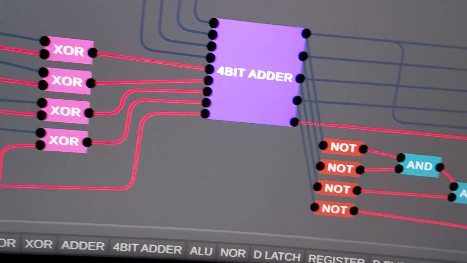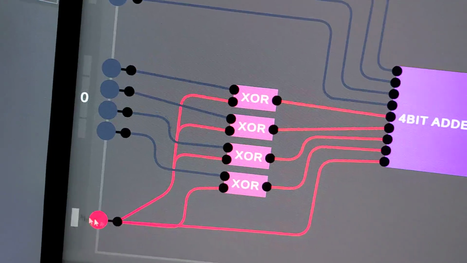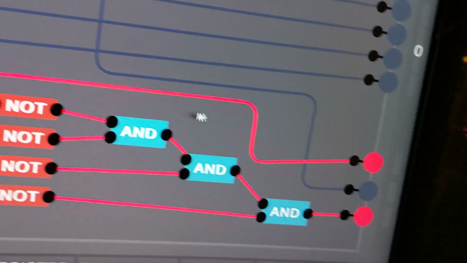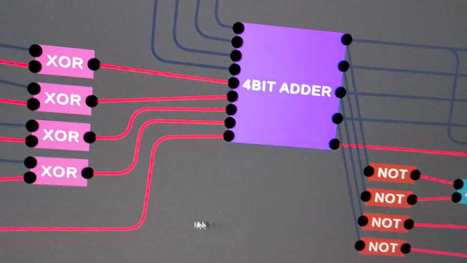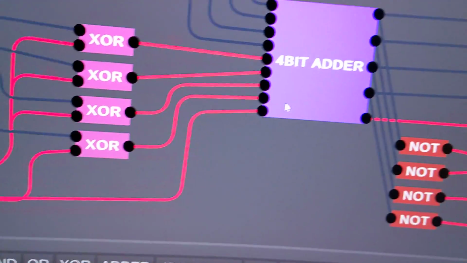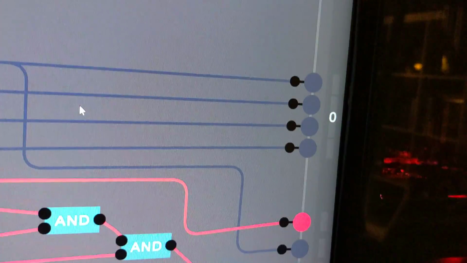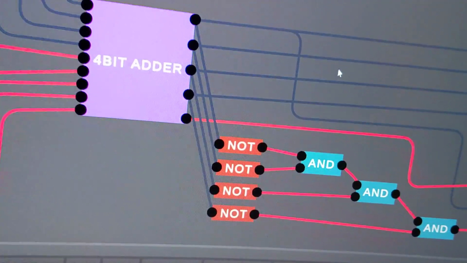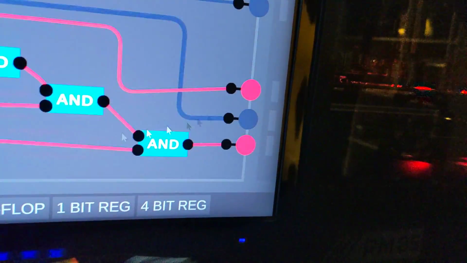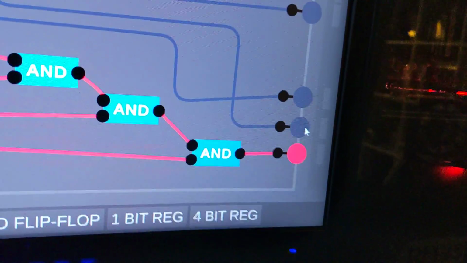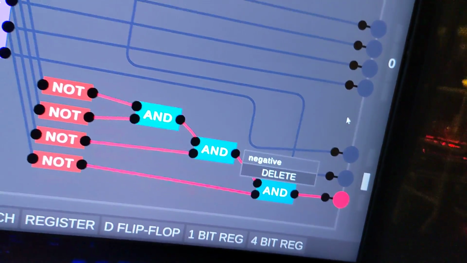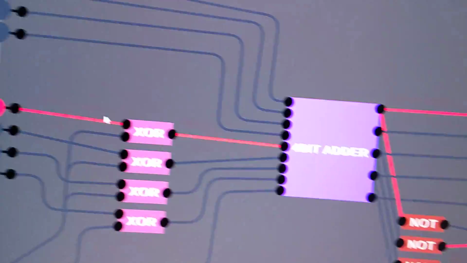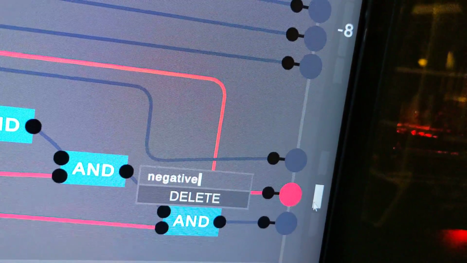And of course, that turns on when we turn this on, because it overflows due to it being a carry, which is why it overflows to a negative number. And this one tells us whether or not the number is negative. So if we give it a negative value here, we get this to turn on.